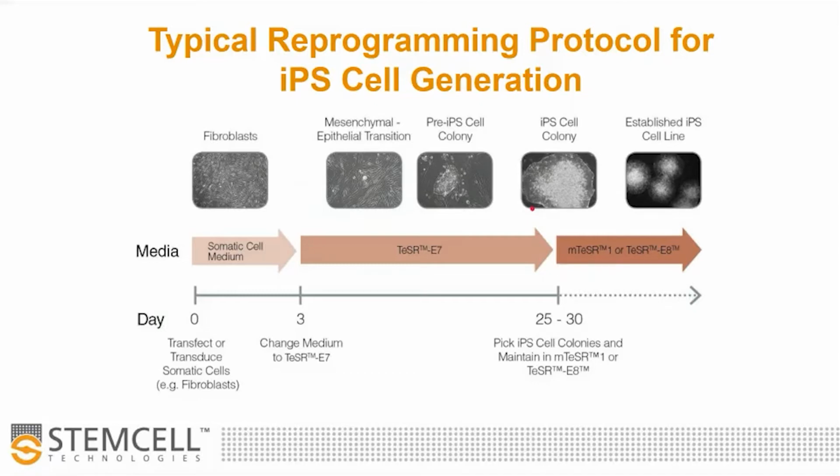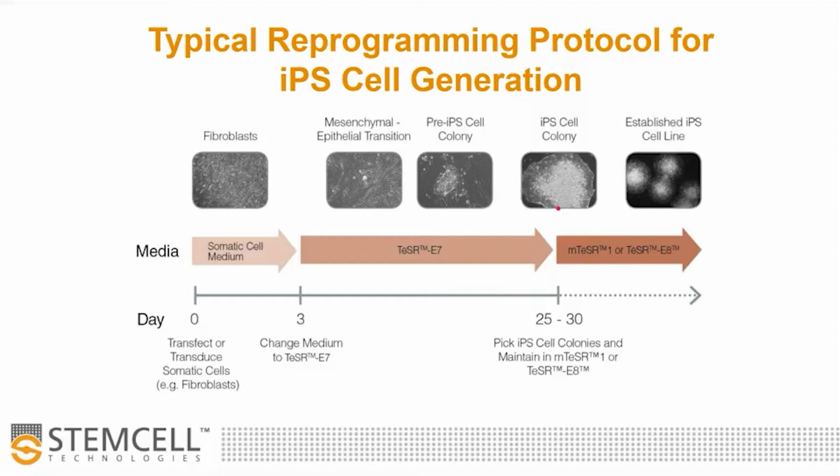And you would not pick these colonies until you started to see a defined iPS cell colony morphology. And what does that look like? Well, what you're looking for is a colony that has a defined border. The cells are very tightly packed. Under phase contrast microscopy, you're going to see a phase bright center, which is what I'm pointing out now, and that's due to multi-layering at the center of the colony.